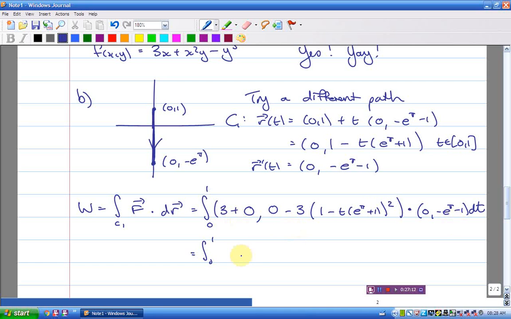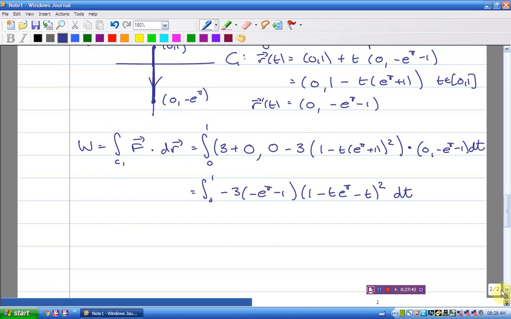We get minus 3 times minus e to the pi minus 1 times by 1 minus, did I put the brackets in the wrong place? No, I didn't. We want to square that out.